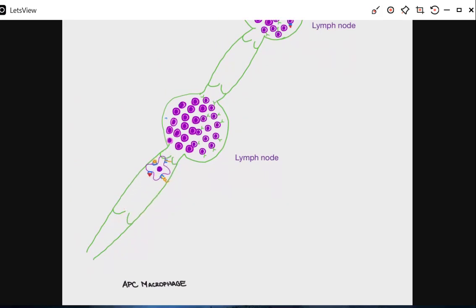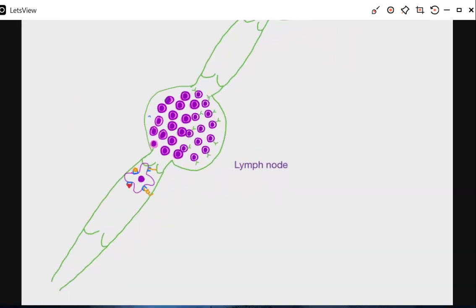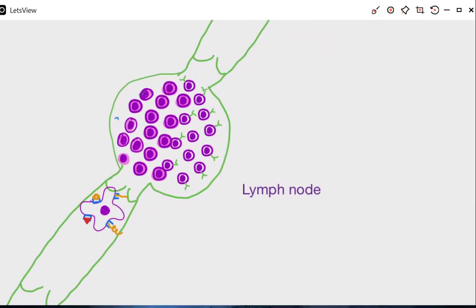You can see here that in the lymph nodes, I have two different cell types. On the right, I have B cells that are naive, that are displaying their antibodies, and on the left, I have T cells. So basically, this macrophage is going to go in, and it's only going to try talking to these T cells. Okay, so what does that look like?